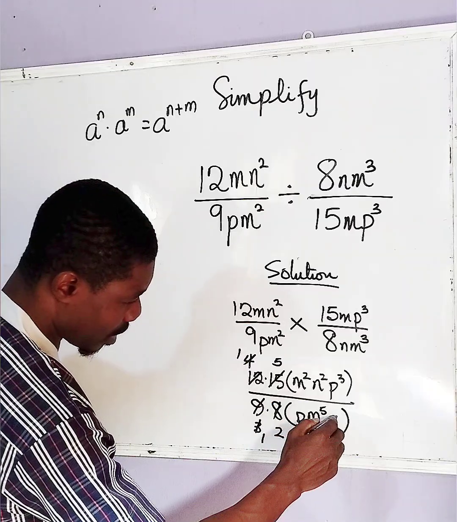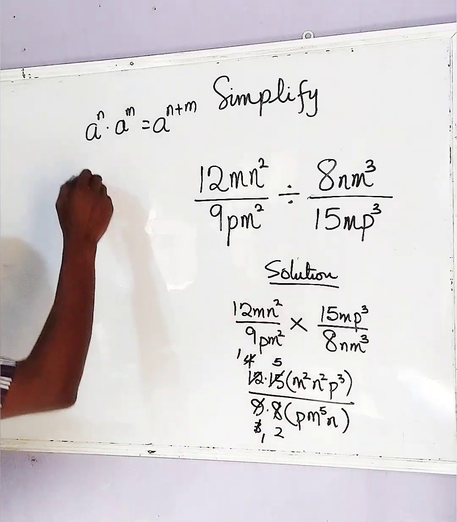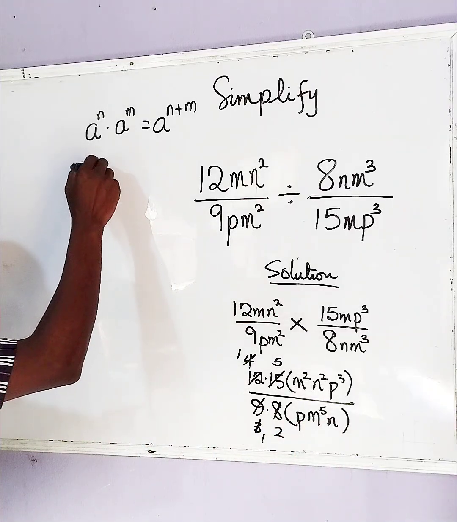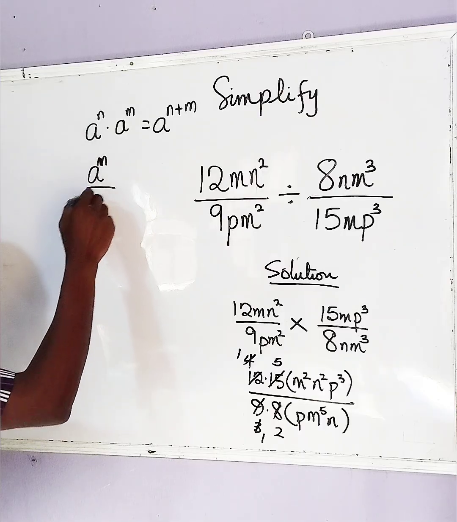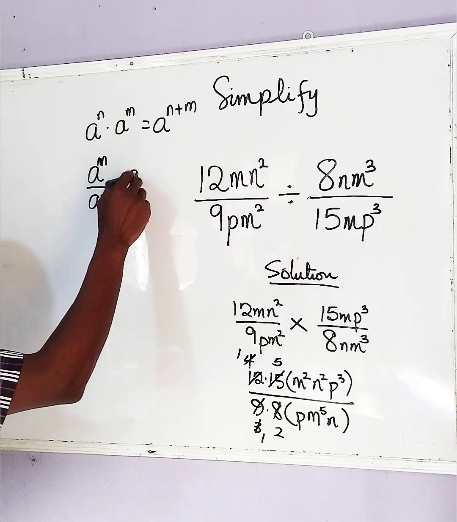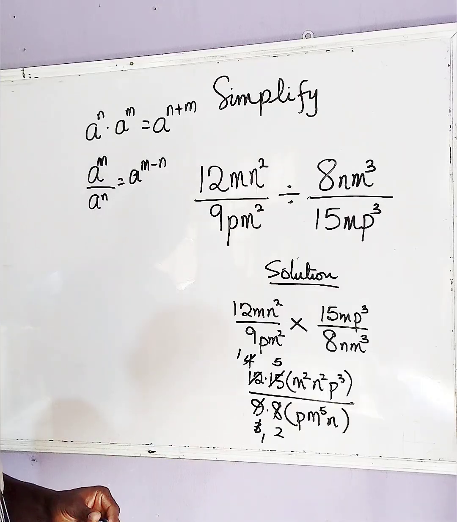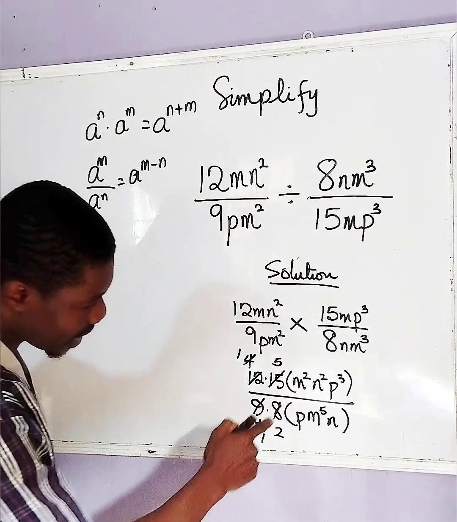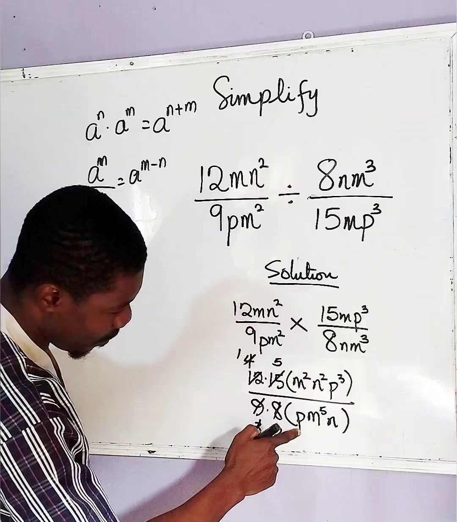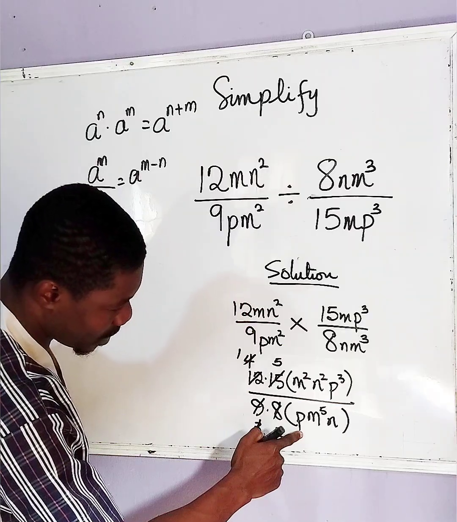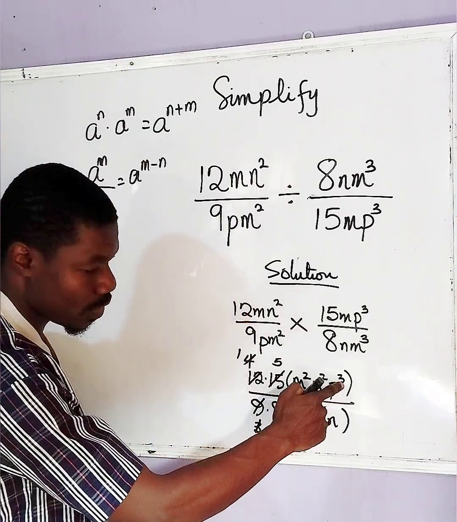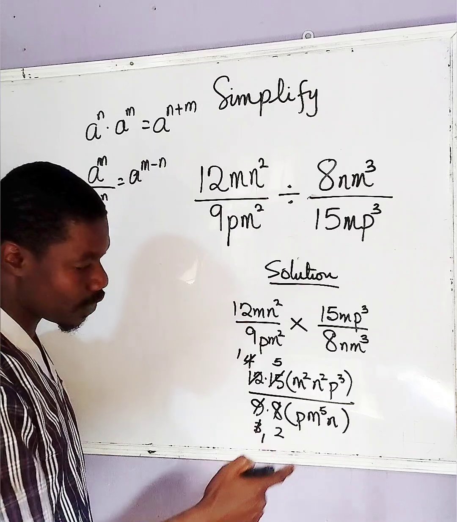Now for division, we have this: if you have a raised to m all over a raised to n, this gives us a raised to m minus n. Now applying this rule, let's start with p. This implies 3 minus 1, that gives us 2.